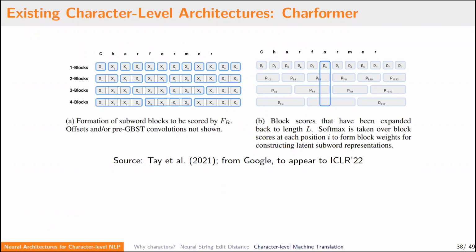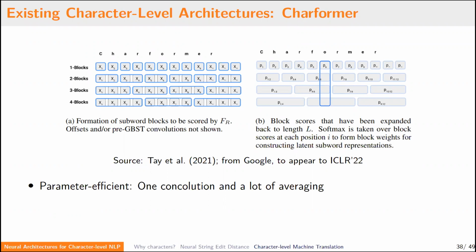And the third architecture we experiment with is called Charformer. It's also from Google. It will appear at this year's ICLR. They also use it for training a model which is supposed to be like BERT, and it's very parameter efficient. There is one convolution at the beginning, and then the only operations that they do are averaging the embeddings. They group the inputs into so-called blocks, and here the embedding of a block of size 2 is the average of these 2 embeddings.